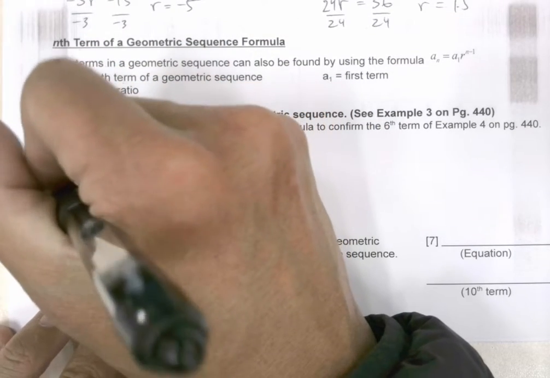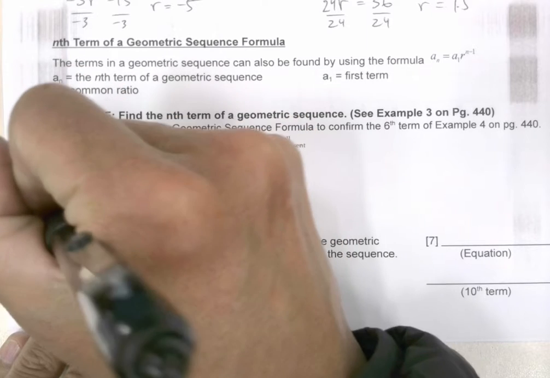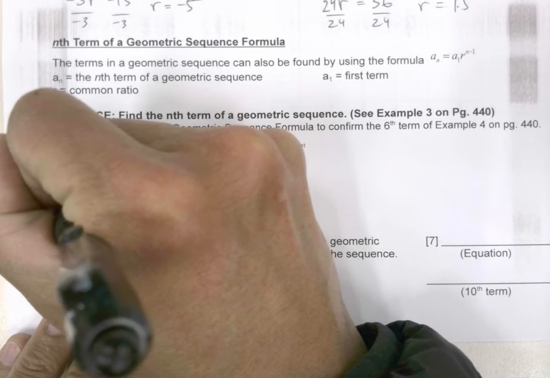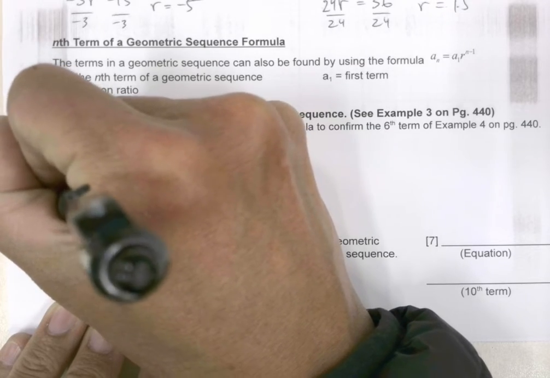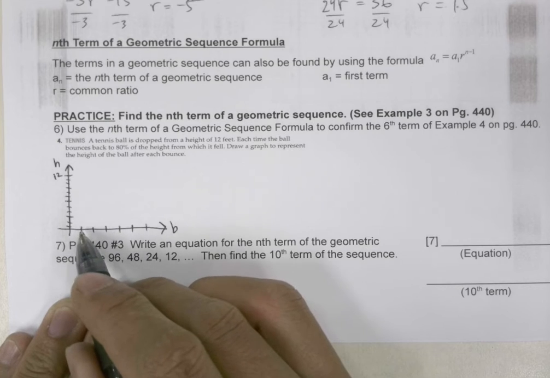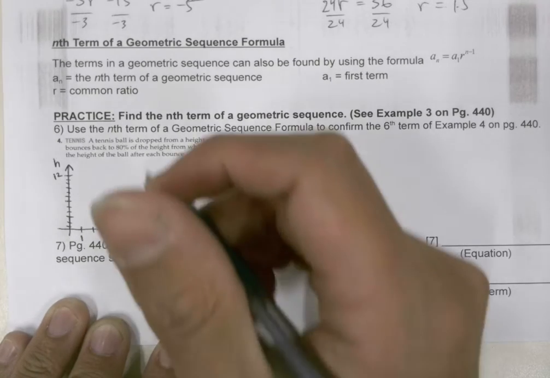That's 9.6. So at 1 bounce, the height is 9.6.